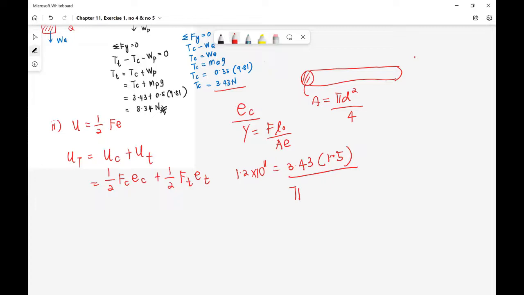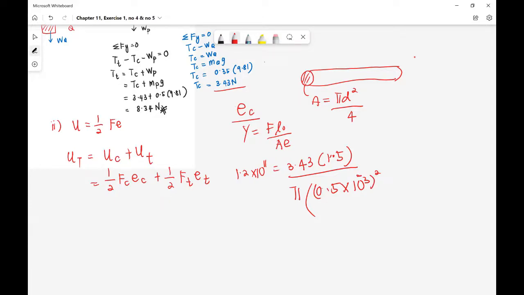Pi times diameter of copper wire is 0.5 millimeter. So, kena convert kepada meter. Okay. Pi d squared. Okay. 0.5 dan 10 kuasa negatif 3 lah.